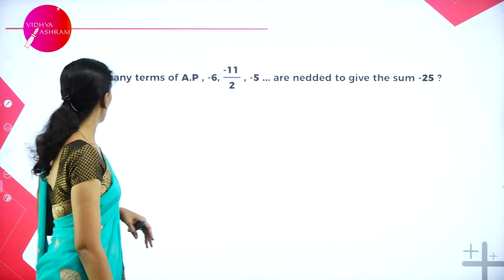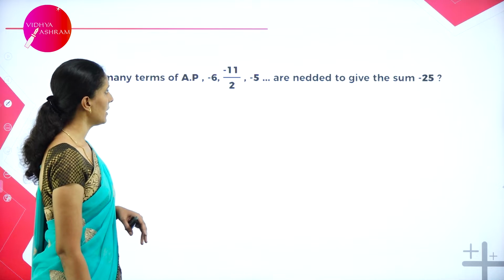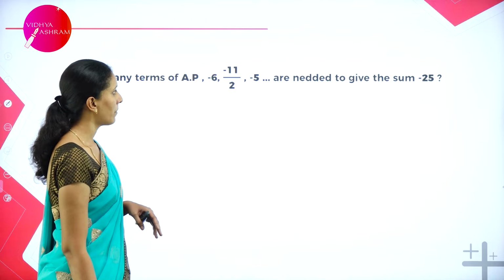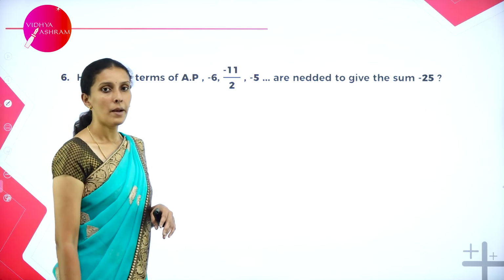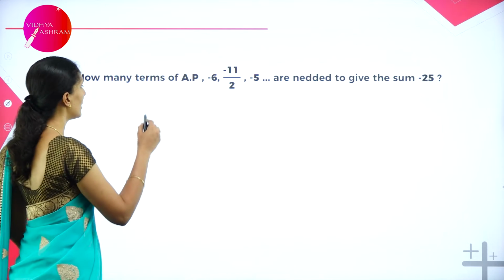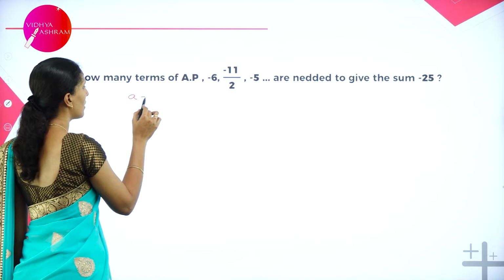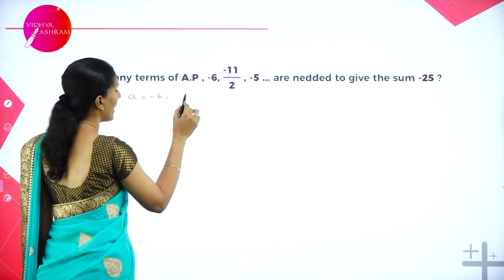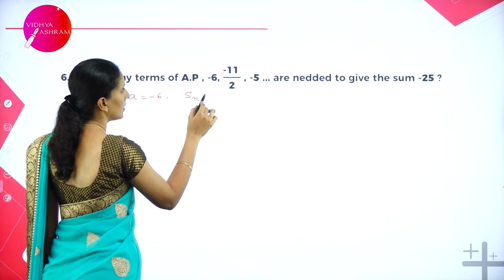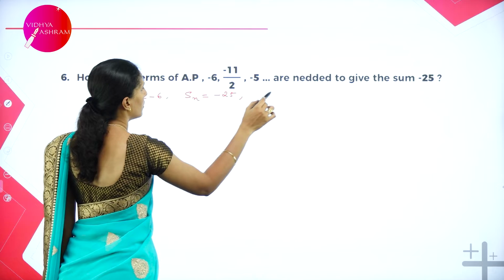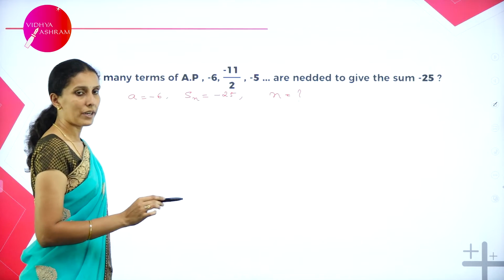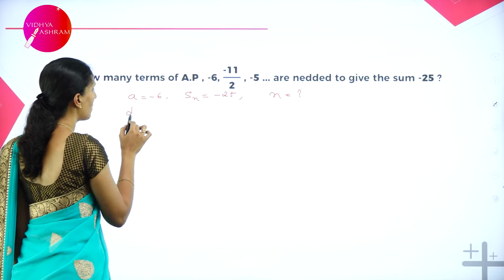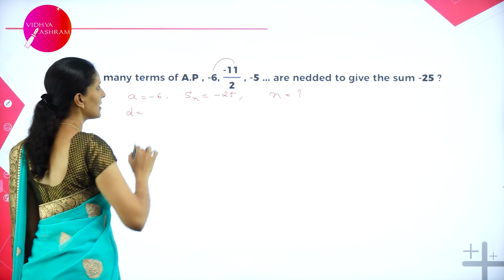Next question. How many terms of the AP minus 6, minus 11 by 2, minus 5 are needed to give the sum minus 25? Here they have given A is equal to minus 6 and Sn is given, that is minus 25. We are supposed to calculate N. I don't even know the common difference. Common difference can be calculated as A2 minus A1.